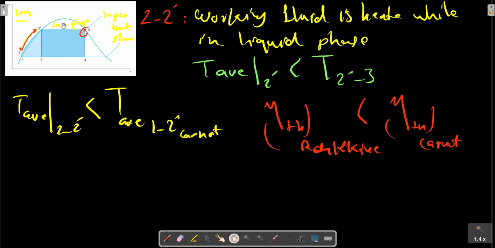The efficiency of the Rankine cycle is lower than the corresponding Carnot cycle.